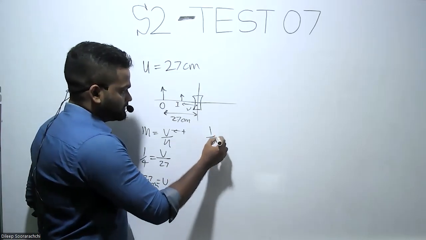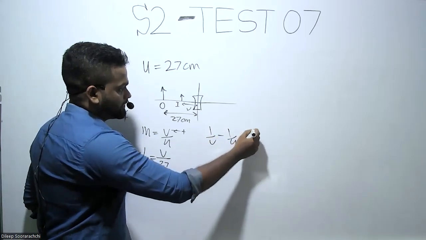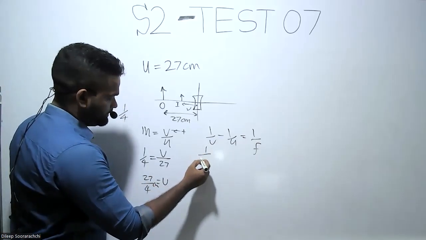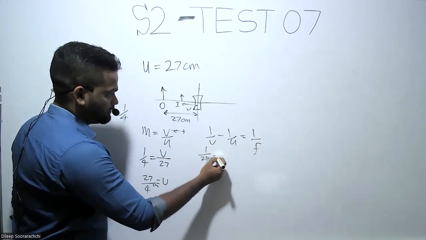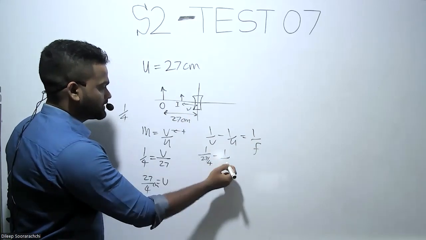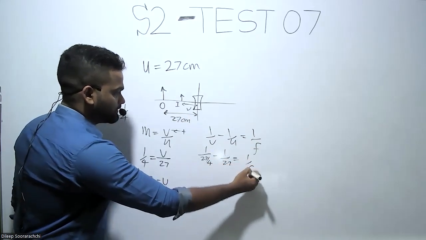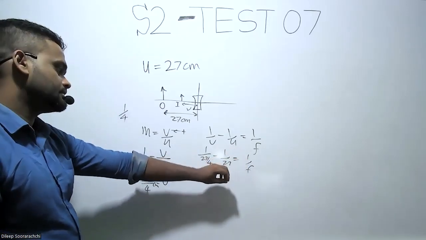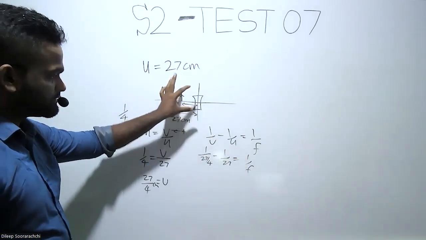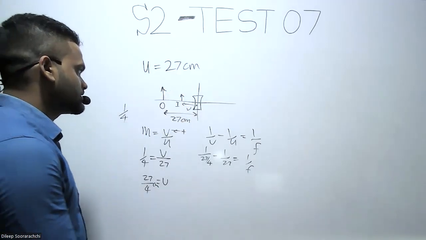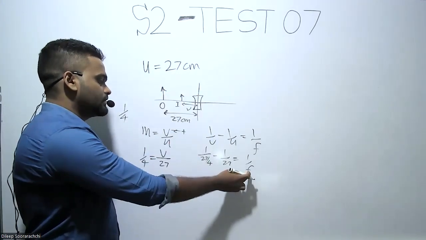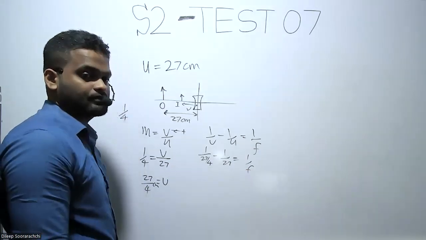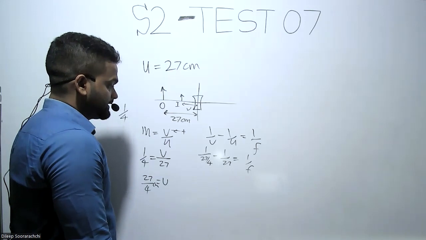So to find that, we will use the lens equation. So this is 1/v, v meaning 27/4, minus 1/u, that is 27, equals 1/f. From here as well you can check whether this is a convex lens or a concave lens. If it is a concave lens, we have to get a positive value for f. Let's check whether it works that way.